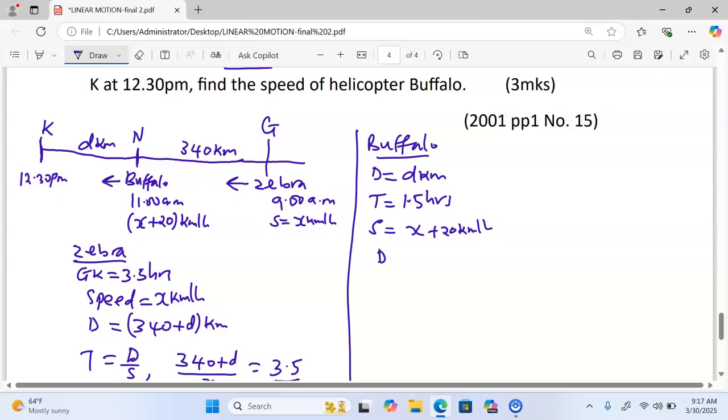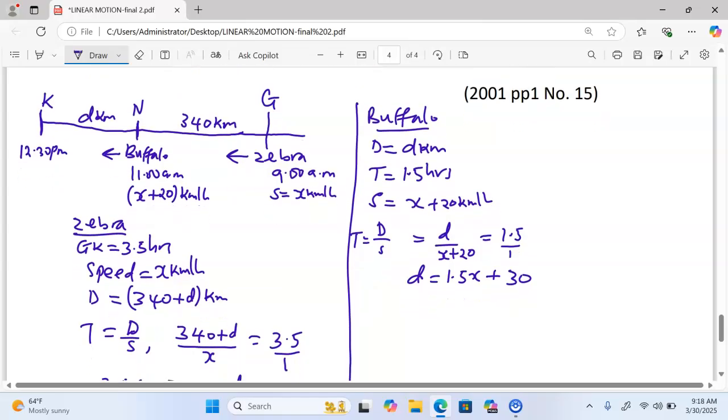We know distance over speed will give us time. In this case, D over x plus 20 is going to give us 1.5. If you rationalize this as a fraction and cross multiply, 1 times D gives D, being equal to 1.5 times x, which gives 1.5x, plus 1.5 times 20, which gives 30. This is our second equation.